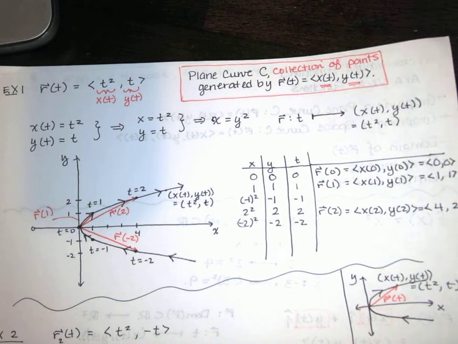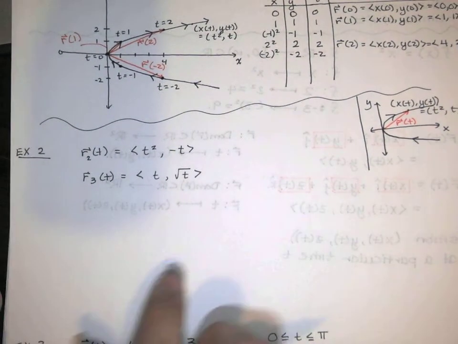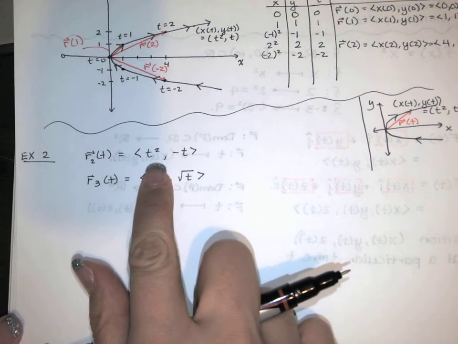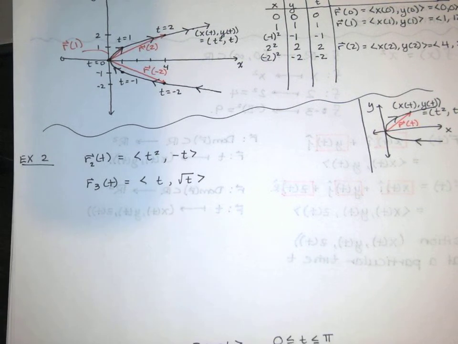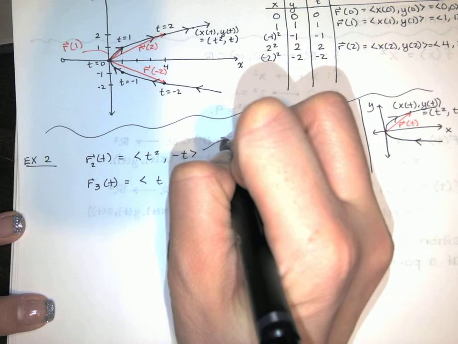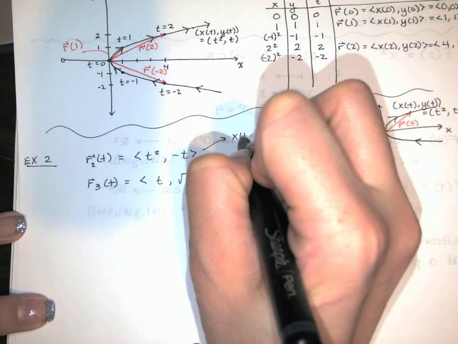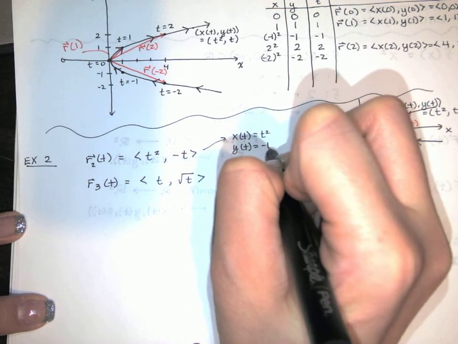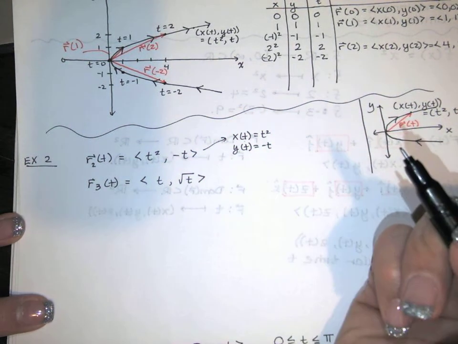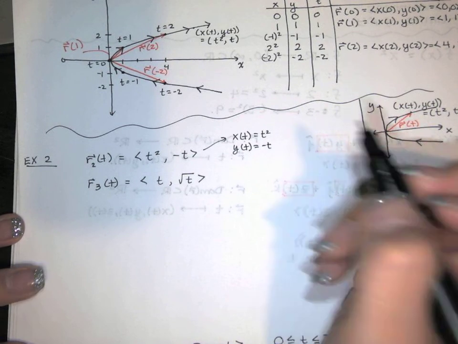So here are a couple of other vector valued functions that generate very similar curves to the other one. Notice I've got x equals t squared, y equals negative t here for r2. Now if I take negative t and square it, negative t times negative t is positive t squared.